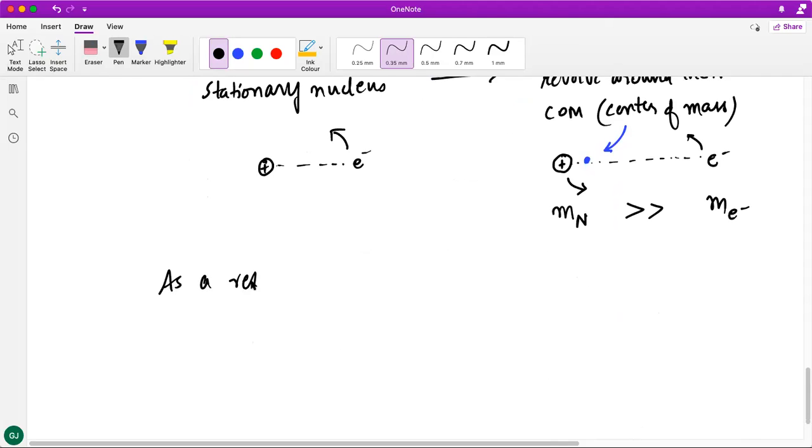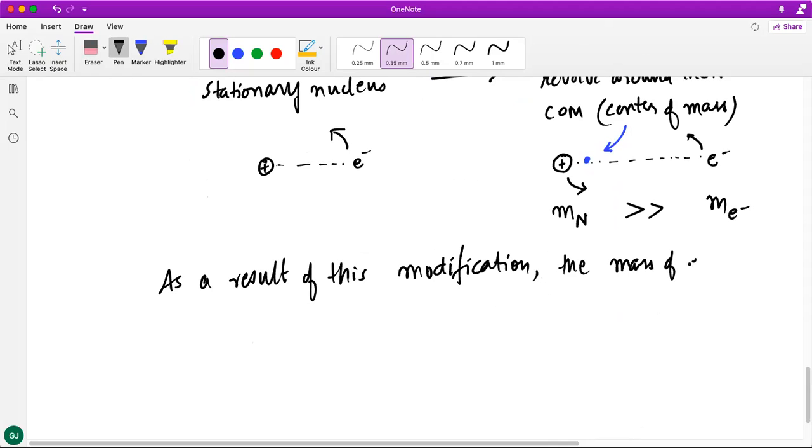As a result of this modification, I'm directly using the result: the mass of electron is replaced by what we call reduced mass.